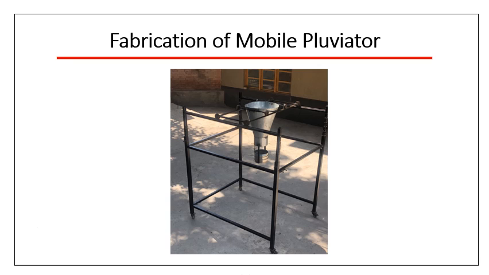So the first step of this whole research was to fabricate a mobile pluviator, which is not available locally, so we had to make it locally. As you can see in the picture, this mobile pluviator was created for the purpose of the sand pluviation technique.